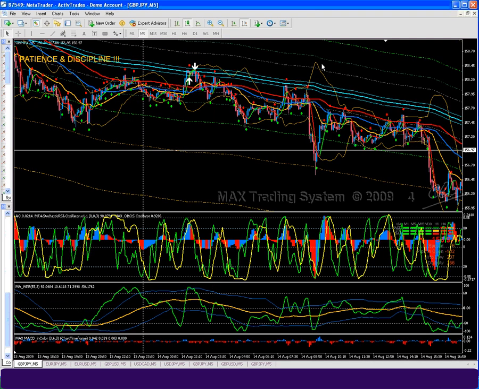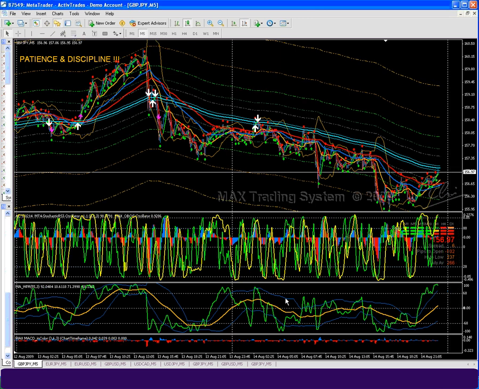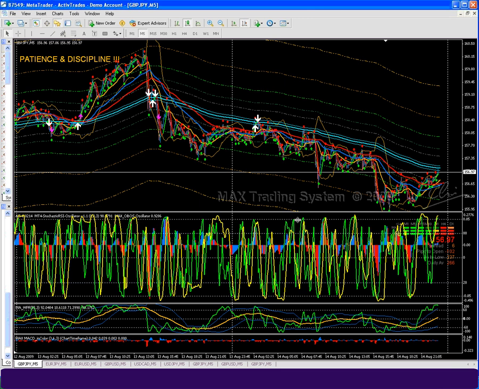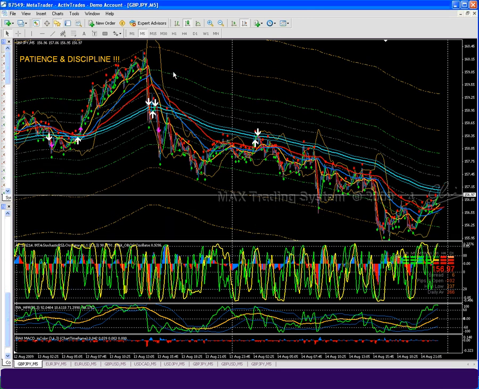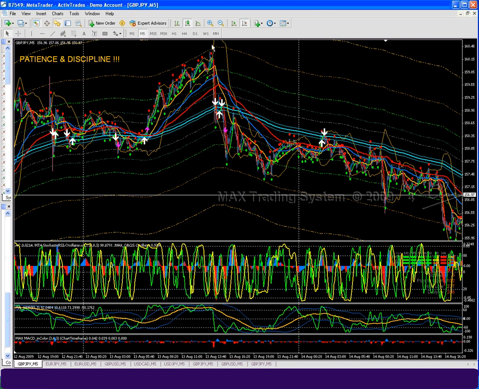Okay, tell me if you see correctly the chart, if it is clear enough. Okay. What do you see here? For example, here. Remember, this day we had an important news on the USD, on the US dollar. We saw a first movement upward, then a fast down movement.